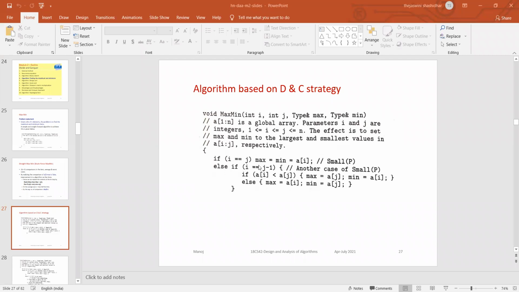So these are the algorithms if you have one element or two elements. Have you understood the divide and conquer strategy for one element and two elements?